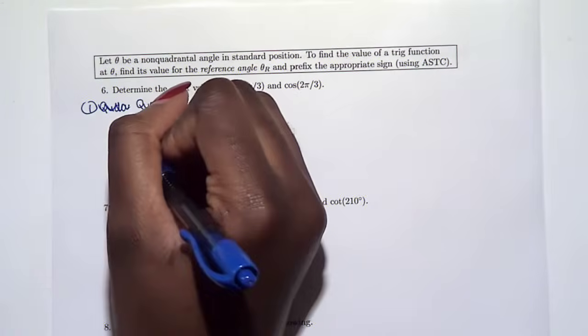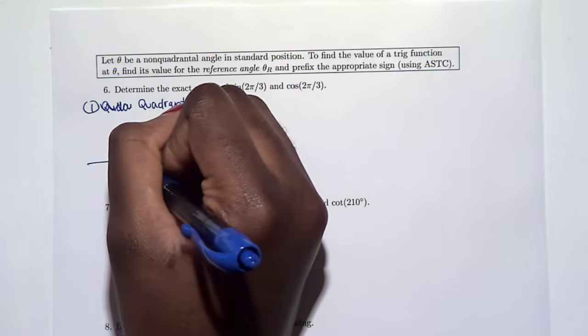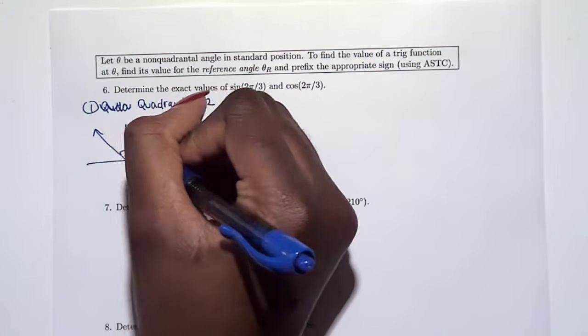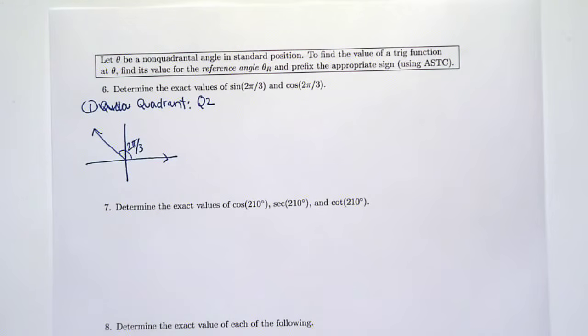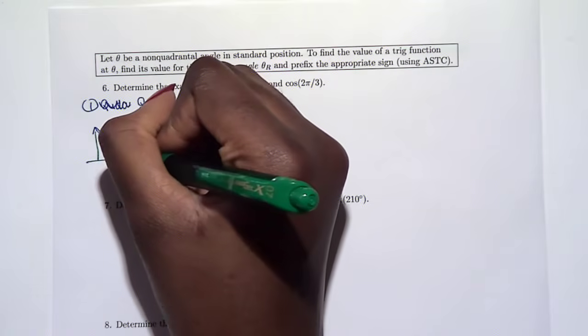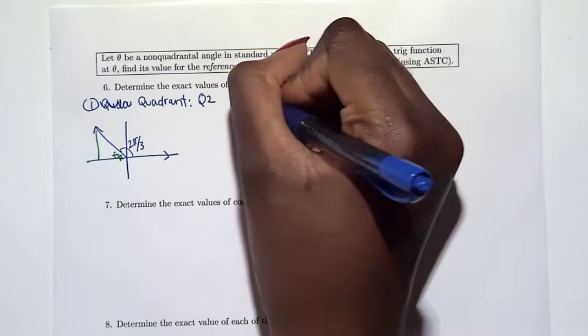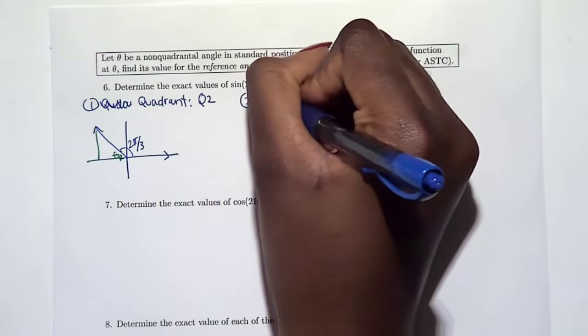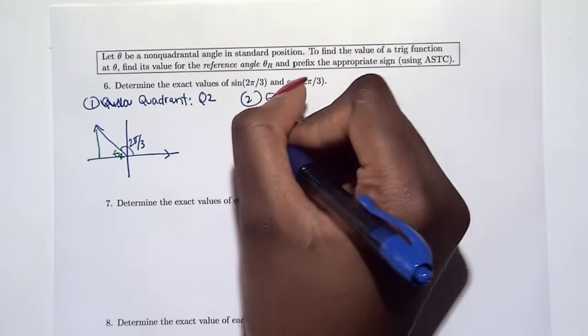Okay, so that means here's what it looks like. What we want to figure out is our reference angle. So that's what we're going to work on next, finding our reference angle. All right, so we just discovered how to do this kind of thing.